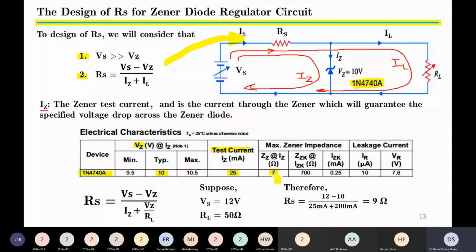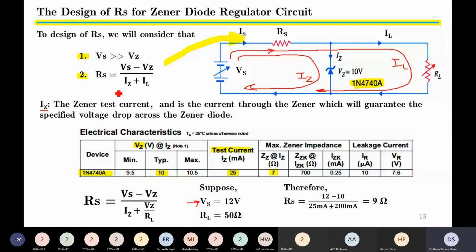So to design RS, we need the value of Vs, that is the supply voltage, and also the value of RL, that is the load resistance. Let us suppose that Vs is equal to 12 volts and RL is equal to 50 ohms.